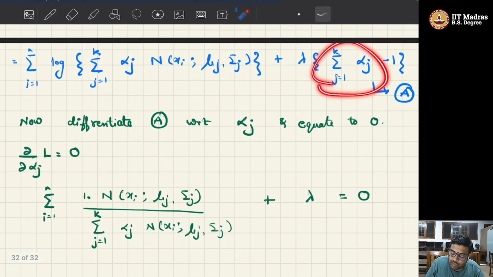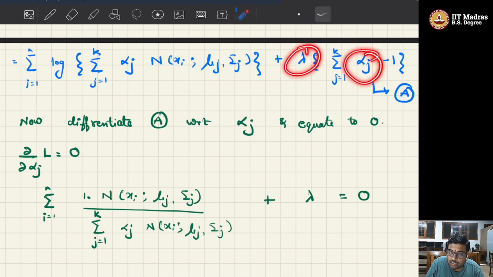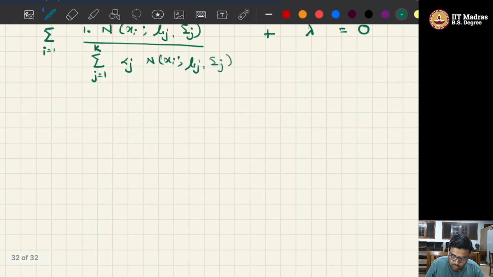Only one term will have alpha j, the remaining terms will be 0. Wherever there is alpha j, you will get this lambda. This is a chain rule which you can apply.